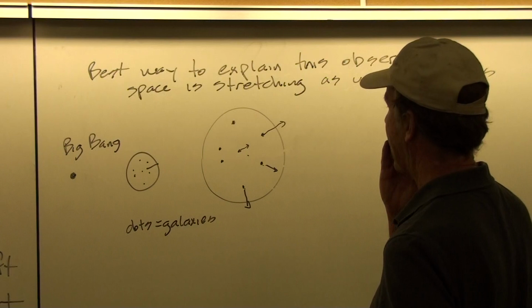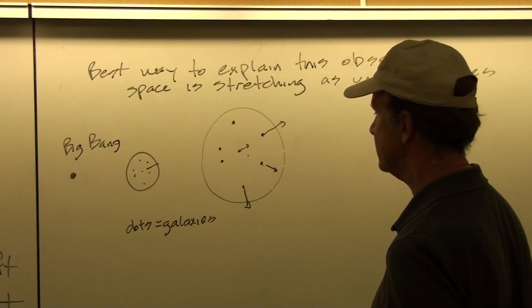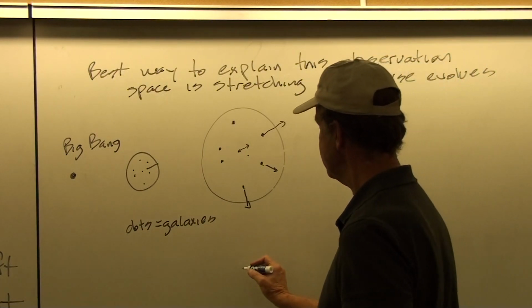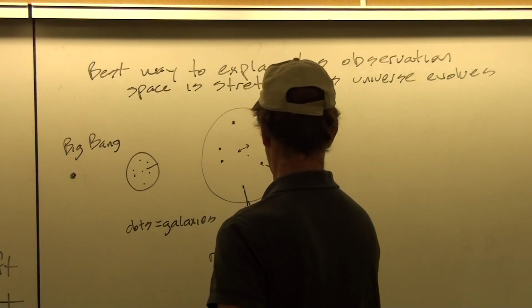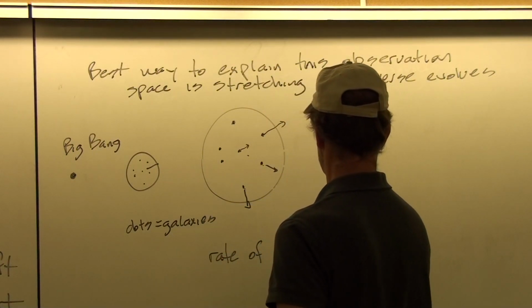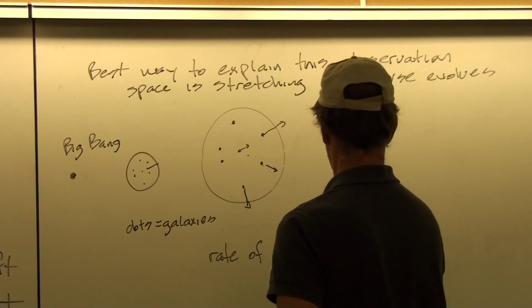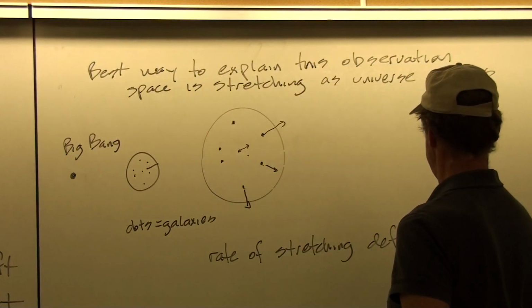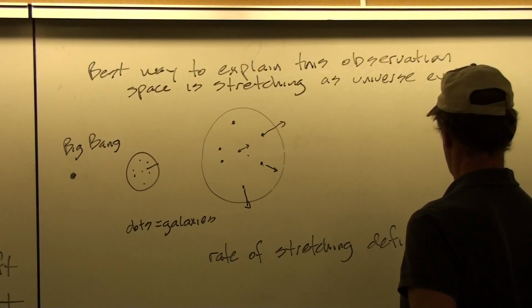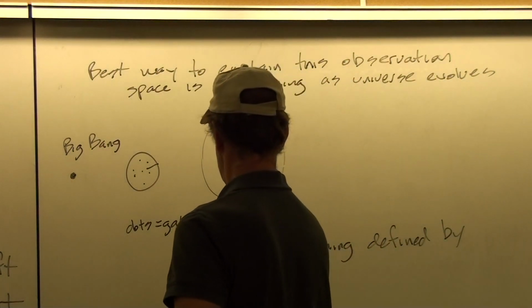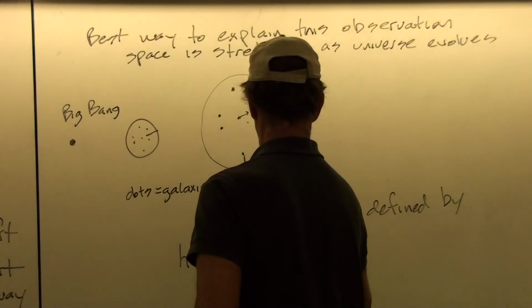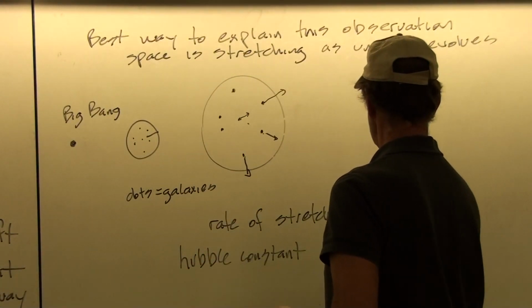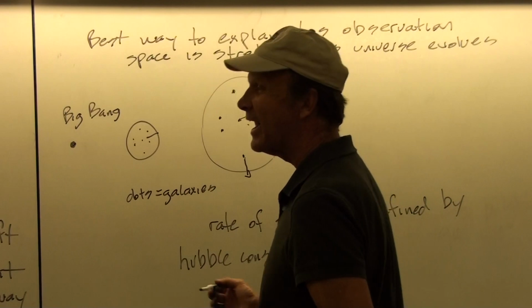Okay? And so how fast is it stretching? Well, that's defined by the Hubble constant. It's given the symbol H, and we don't know exactly what it is.